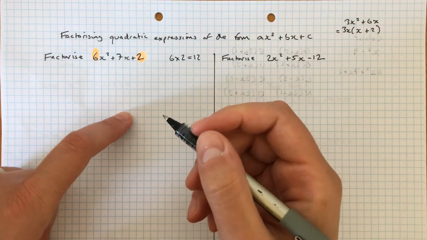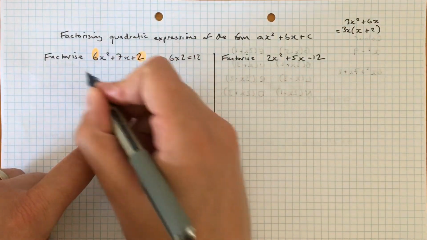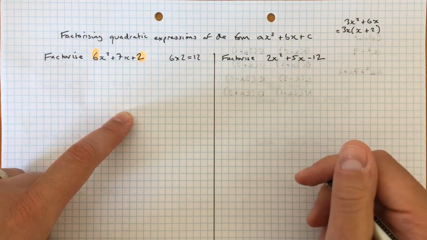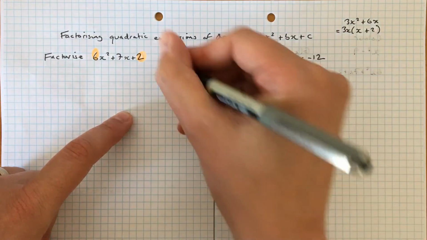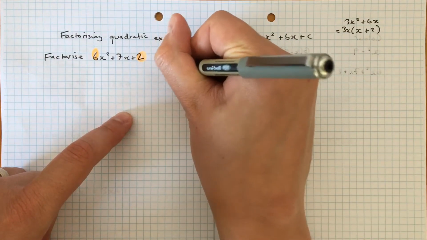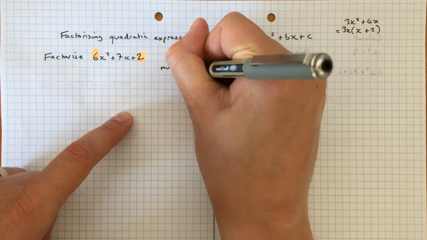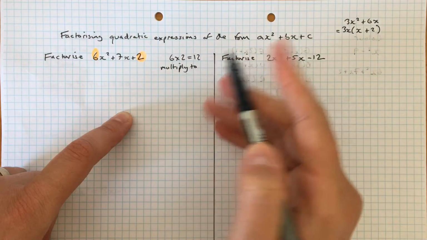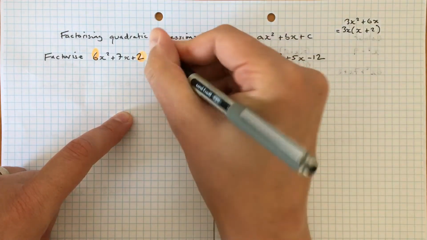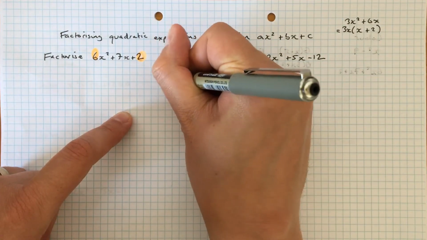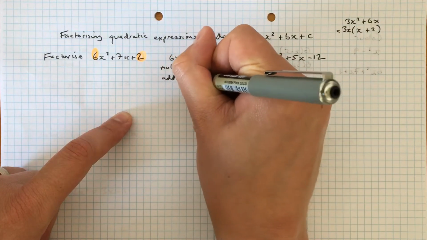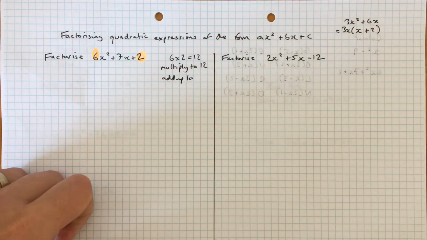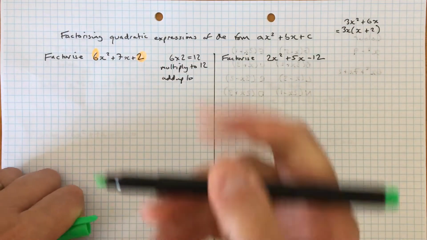Okay. Now what I need to do to start factorising this is I need two numbers, and the two numbers I need have to multiply to 12. This value I've just worked out, this number 12. And they need to sum, so they need to add up to the number which is our value of b.